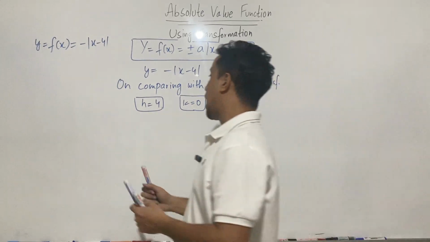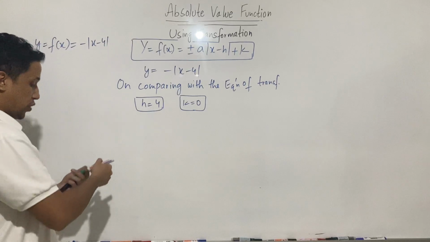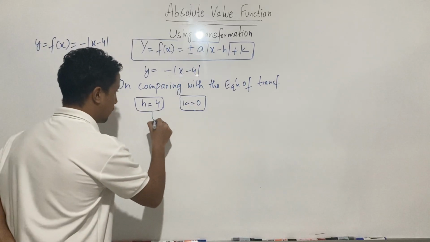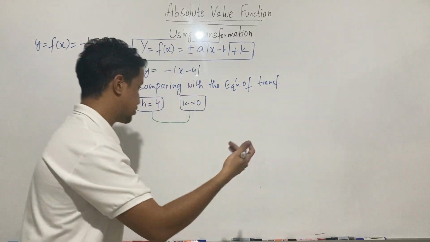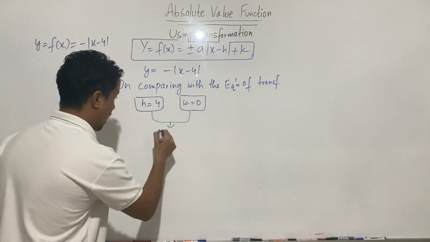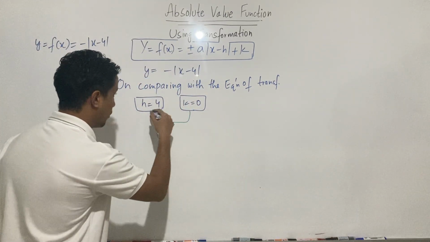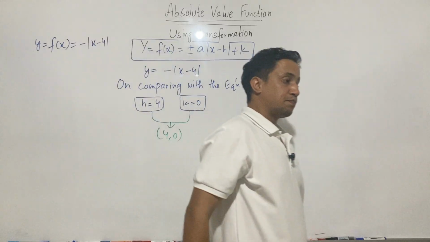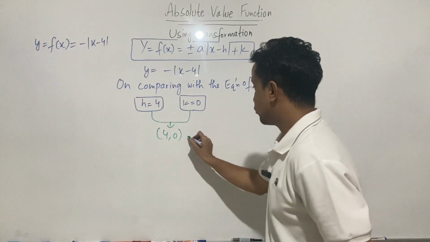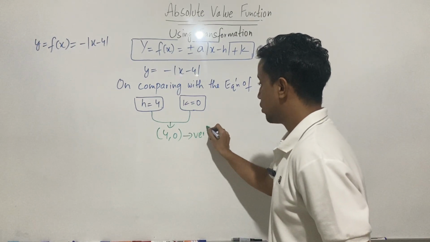Now I will write both of them in the form of an ordered pair of numbers, as (4, 0), and this (4, 0) is going to be the vertex. Why?